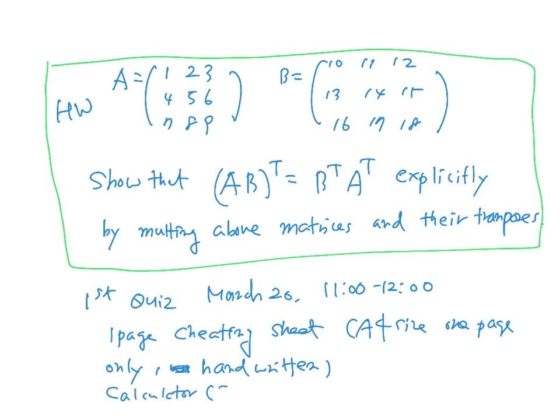Engineering calculator type. But no programming, because these days it's very easy to program calculators. So input the matrix elements and then you just push the button, then it will automatically multiply. So no programming.